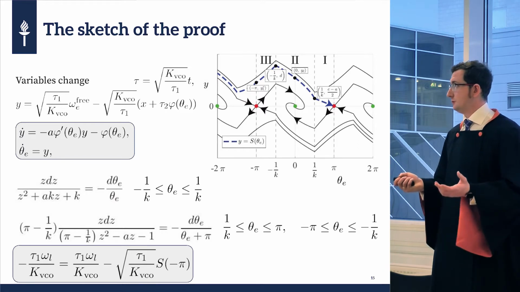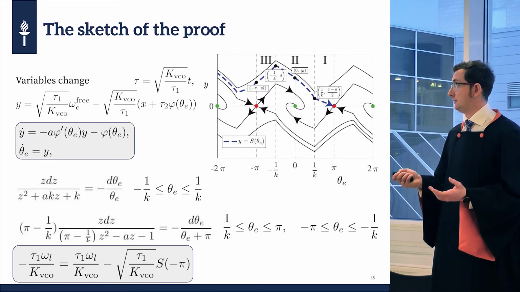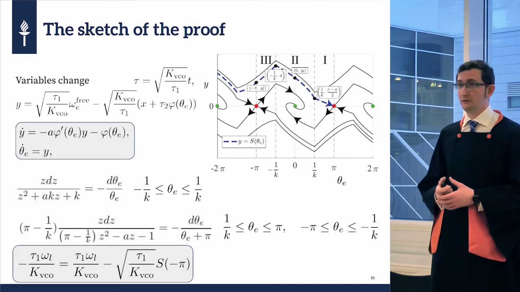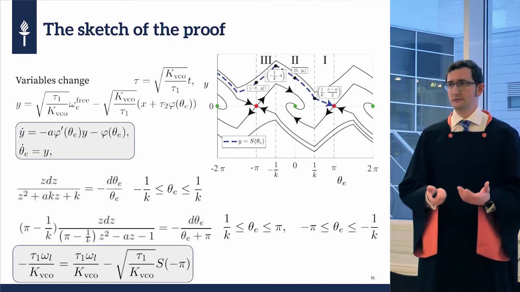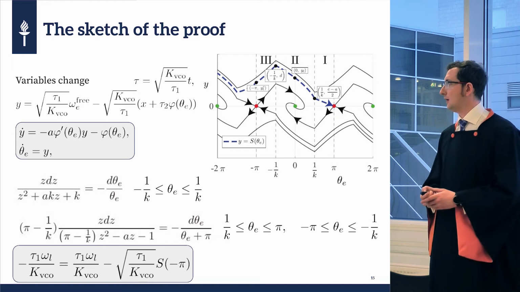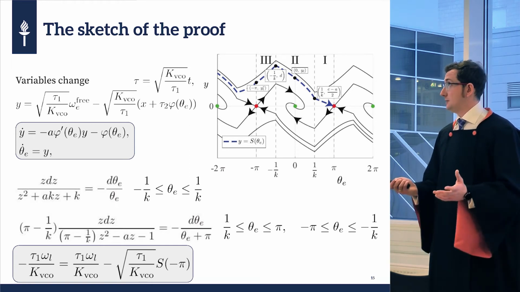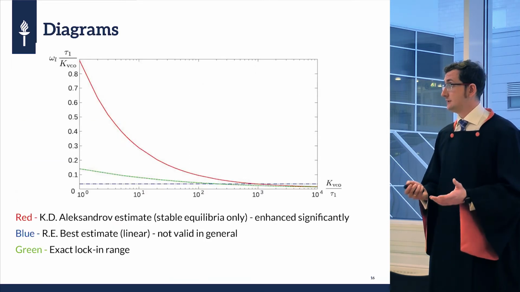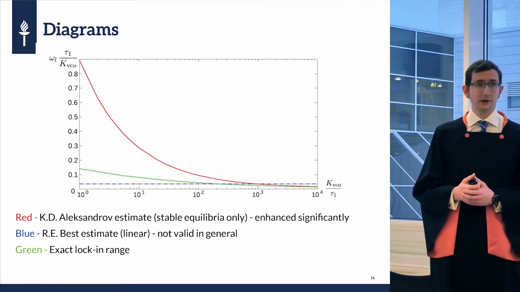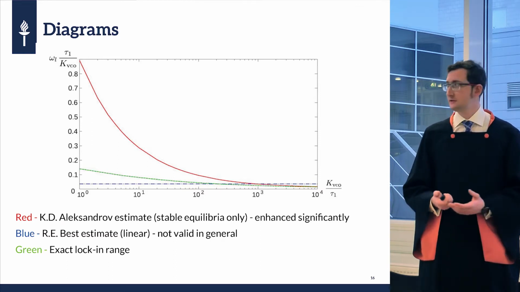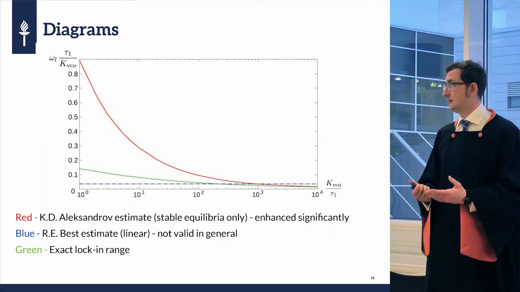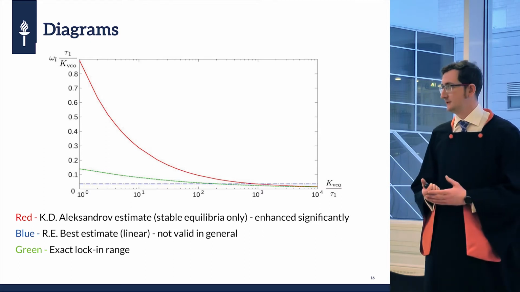Okay, no problem. We have antiderivatives and we can solve subsequent Cauchy problems to obtain the necessary value. So this is how it's done, and this theorem allows one to build engineering diagrams that help to define the lock-in range based on the system parameters.